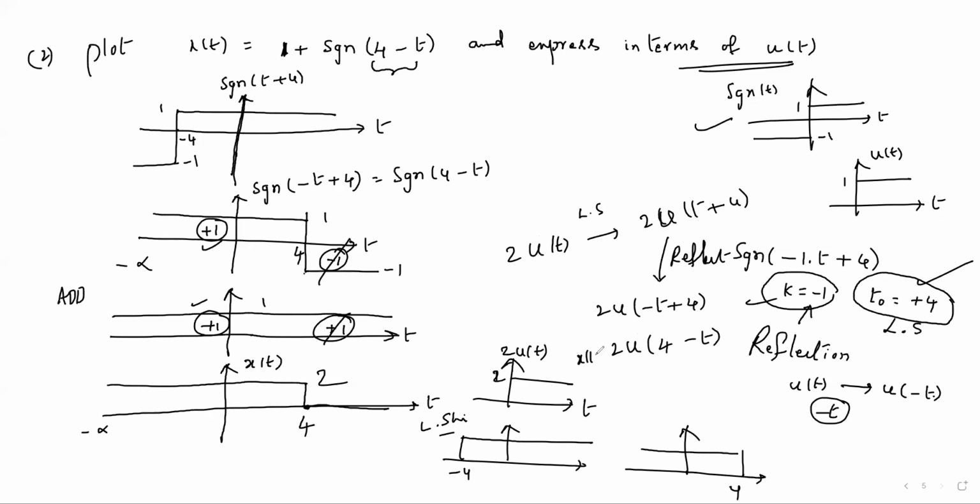This is the equation that is equal to x of t. So we have performed different operations on signals like this. Please note it. You can do the next exercise problem.